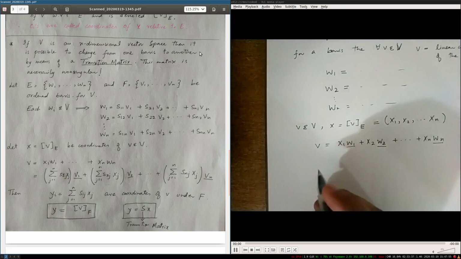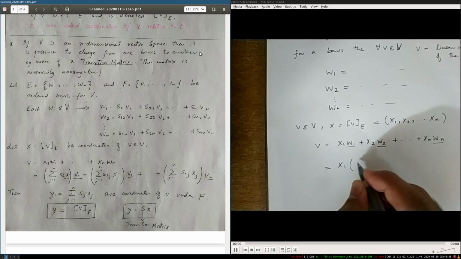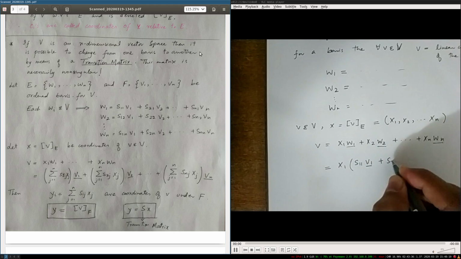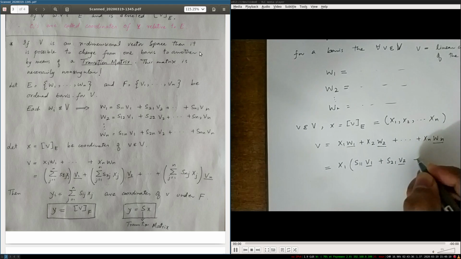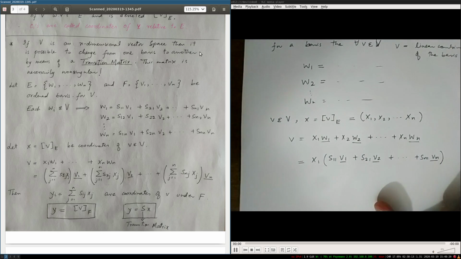So if I write this down explicitly, what will it be? Let's say I write x1 and I replace W1 with S11 V1 plus S21 V2 up until Sn1 Vn.